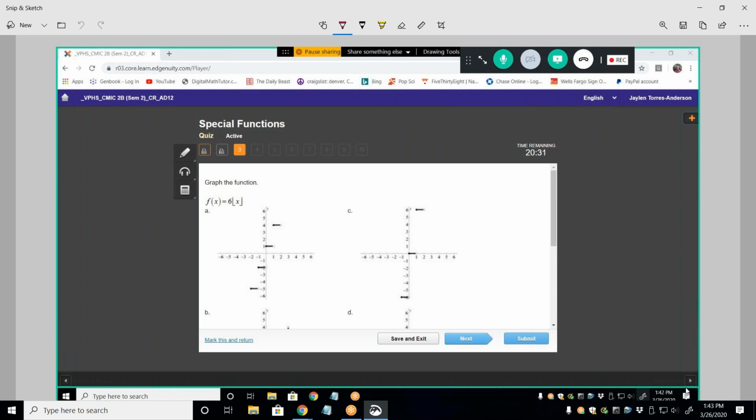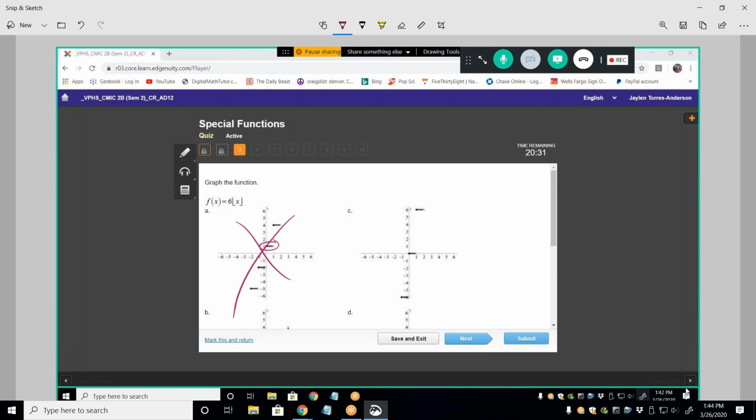Okay, now multiply that by 6. So whenever x is between 1 and 1.99, f of x is going to be 6. Well, that ain't right. f of x is 1.